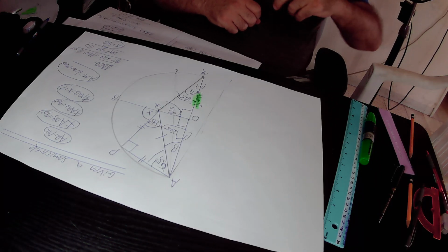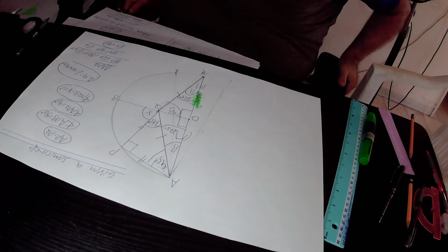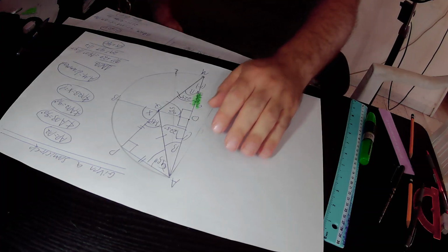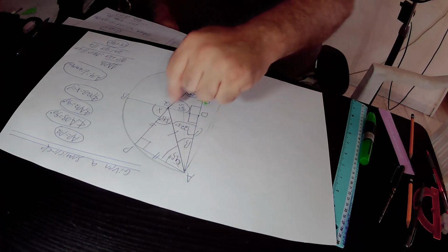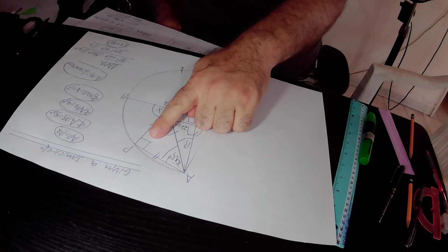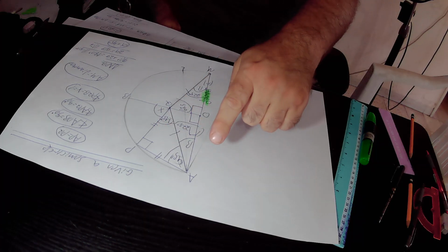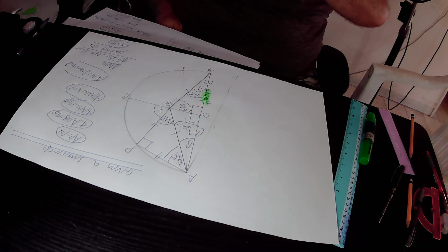So, in the next step, we join points A and Q together by a straight line. By joining points A and Q, we created the right-angled isosceles triangle, triangle APQ. Triangle APQ is right-angled because angle APQ is a right angle, and it is also isosceles because AP equals PQ, as given in the question.